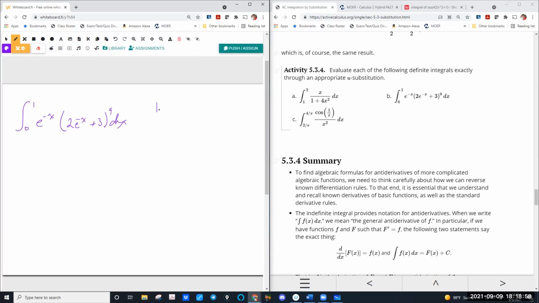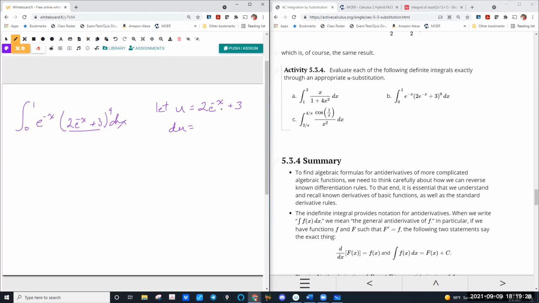So I'm going to look at letting u be this inside piece right here, 2e to the negative x plus 3. Because that'll simplify this down to u to the 9th. Now, we need to make sure we can get the du in, which is basically the derivative of this.